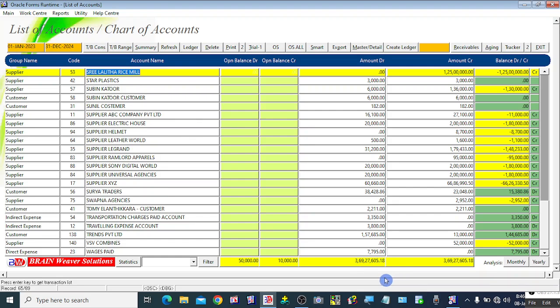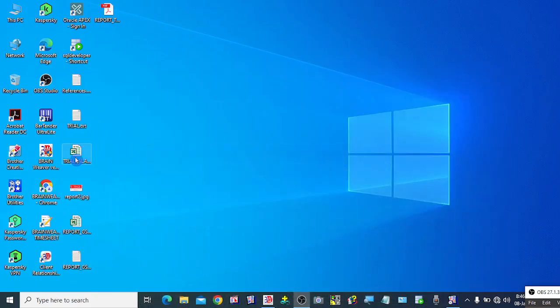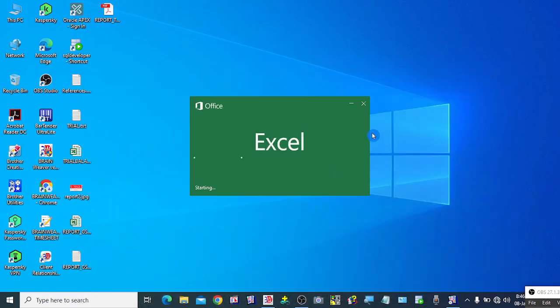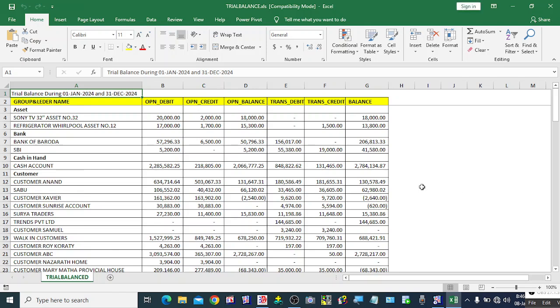Here we can see the total debit amount is so and so, and the credit amount is also so and so. Both this debit and credit tally. If you click this trial balance range button, we can generate a trial balance in Excel format like this.